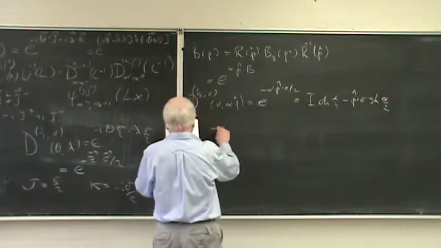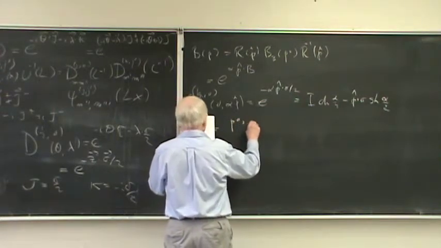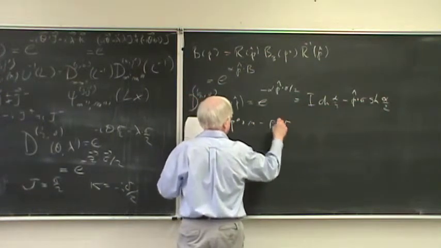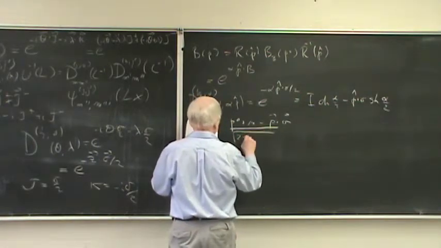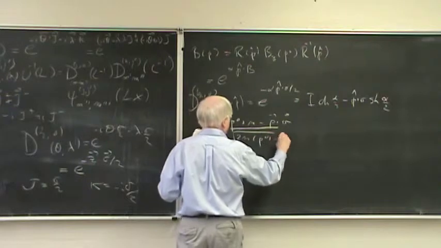Anyway, this thing turns out to be P0 plus M minus P dot sigma over the square root of 2M(P0 plus M).